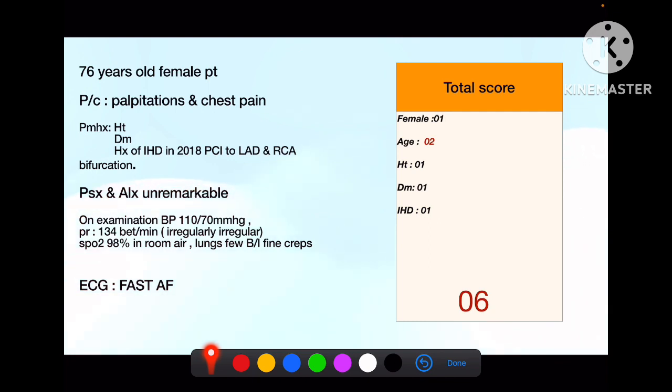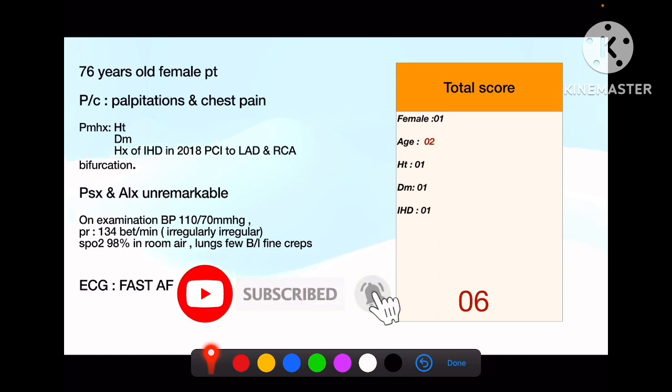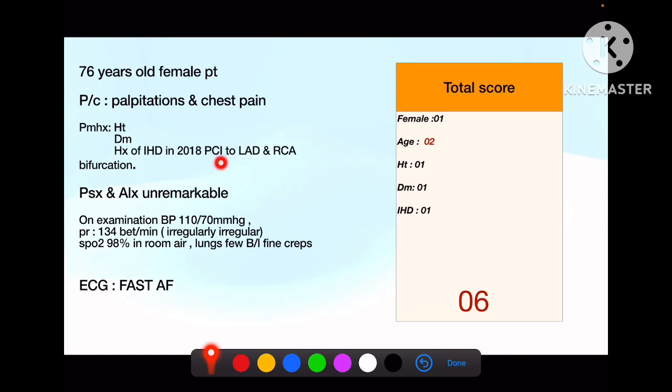So I'm going to explain how you calculate your CHADS score with the help of this example. Now suppose a 76-year-old female patient is admitted to your hospital ETU with palpitation and chest pain. Her past medical history is significant for hypertension, dyslipidemia, and ischemic heart disease in 2018, with PCI to the LAD and the RCA done.